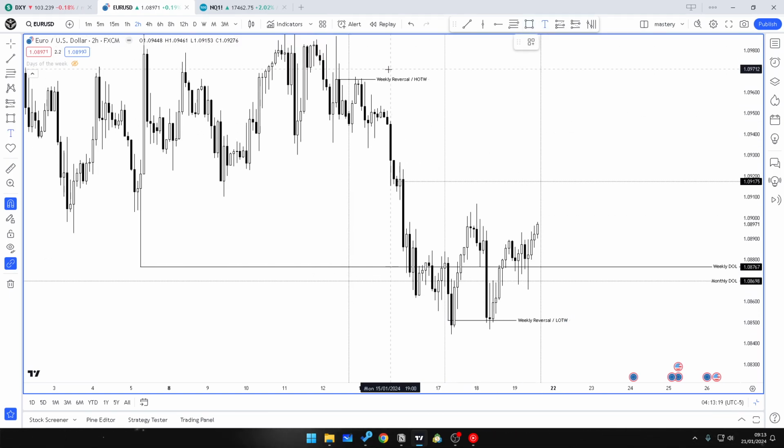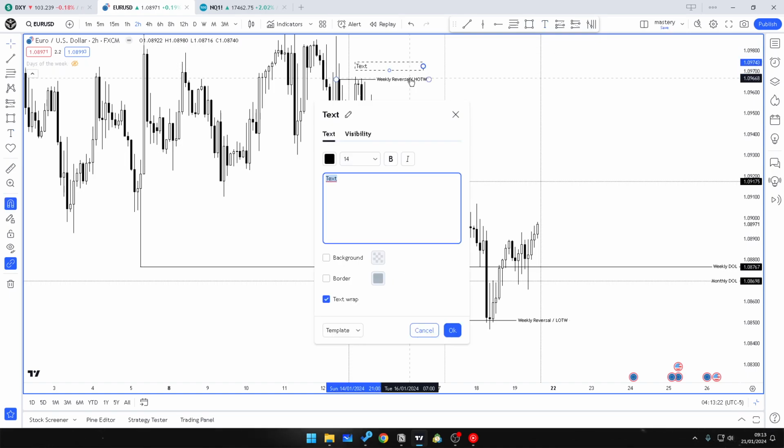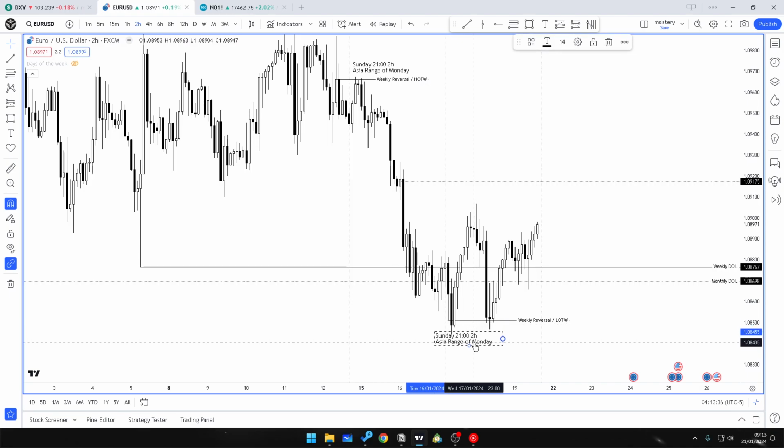This was made on Monday, Sunday 21, as the range of Monday, and this was made on the second half. So first half we made the high of the week, second half we made the low of the week, which isn't the usual candlestick that I like to see, but it's a valid candlestick as well.